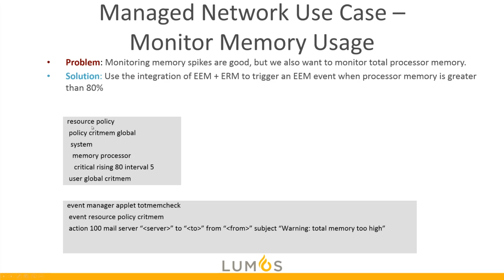We're going to use the integration of EEM plus ERM, event resources and resource policies, to trigger an embedded event manager event when the processor memory is greater than 80%. We go into resource policy, define a policy, and give it global precedence. Within the system, we look at the processor memory, and we state a critical alert once the rising threshold goes above 80%, checked at 5-second intervals.